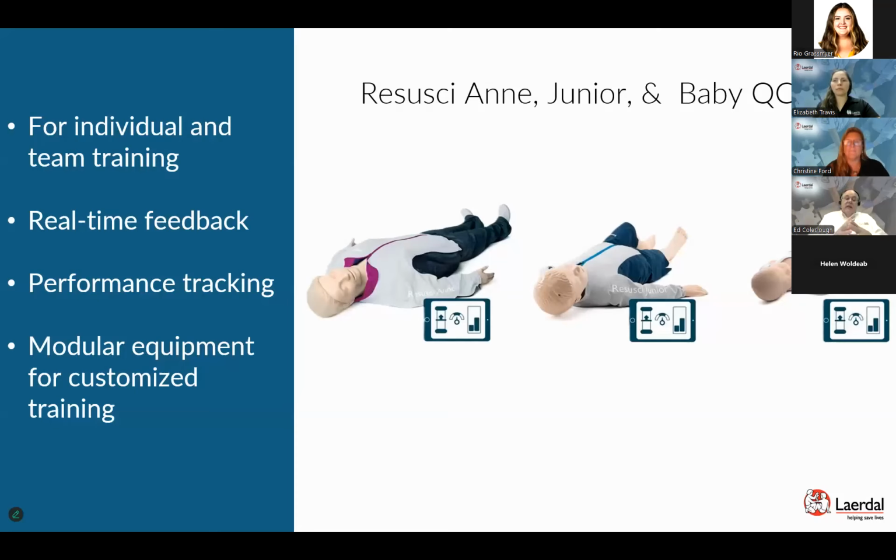But the main takeaway message is really about the modularity, that these are a platform which you can build upon as your educational objectives expand and change as well. So it's not just a CPR mannequin. It is much more than that.